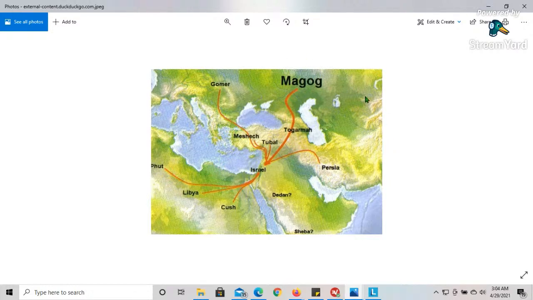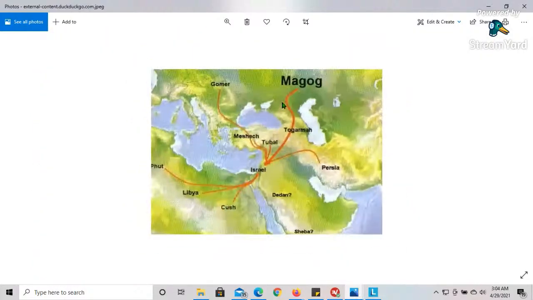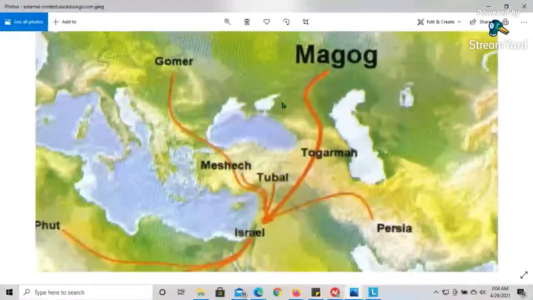That would be probably the O population, the O and the N. And Gomer is the R and the Q that went to America. Meshech and Tubal, you got Javan and Tiras. And this is a simple map, just to give an idea.